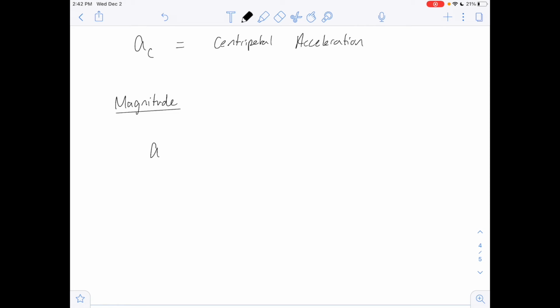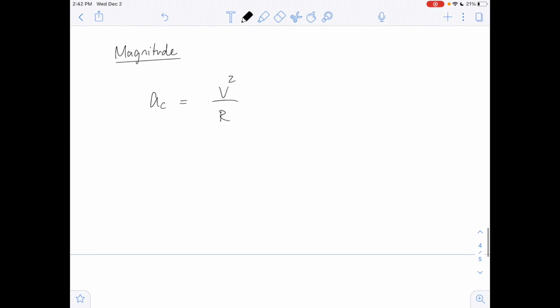The magnitude for centripetal acceleration is equal to the velocity of the object squared divided by the radius of the circular path. In this case, we call that r. So altogether, centripetal acceleration is equal to v squared over r, and the direction is toward the center of the circle.